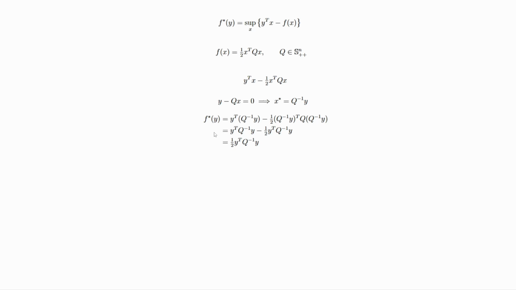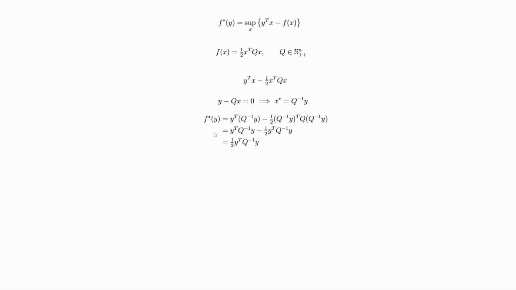That's a really beautiful result, right? The curvature flips. If Q made f very curved, that is, sharp and narrow, then Q inverse is flatter and f star is wider, and vice versa. The conjugate and the original function are inversely related in their curvature.